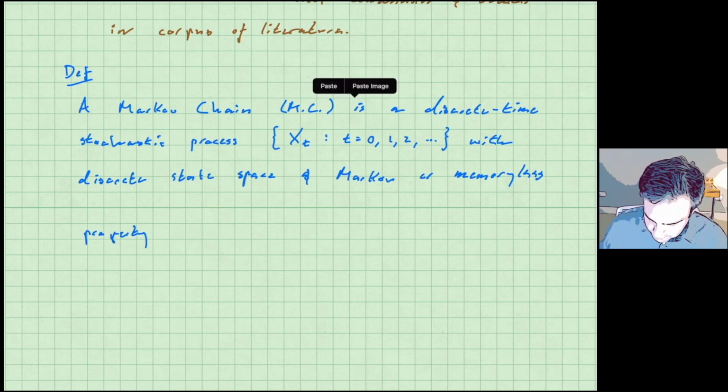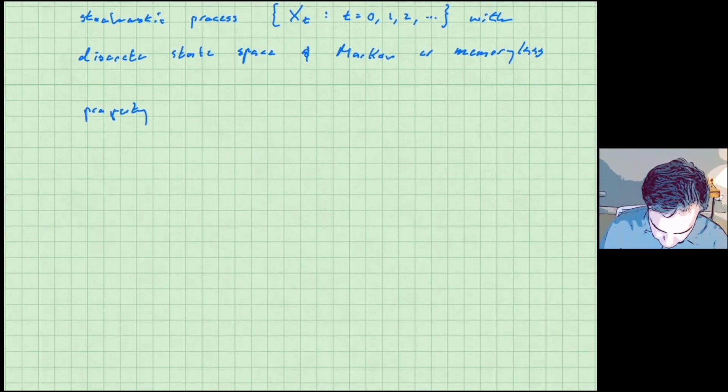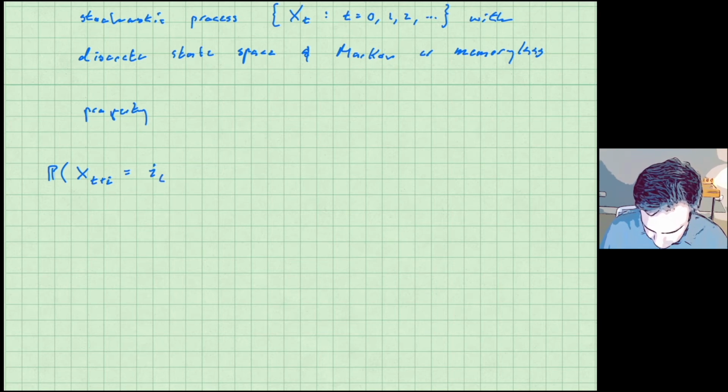Okay, and so let's write out what that property means. So it says that the probability, this is sort of a long expression, that x sub t plus 1 has some particular value i sub t plus 1. Oh, sorry, I've already mangled it. X of t plus 1 is equal to i sub t plus 1, given that x sub t, and then we'll write out the history of all the different x's, had some value i sub t.